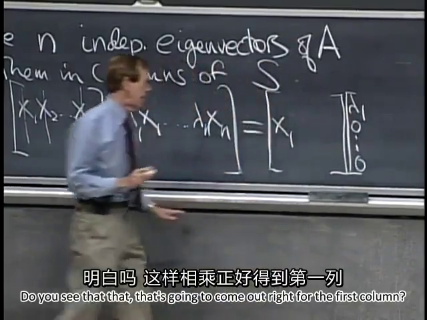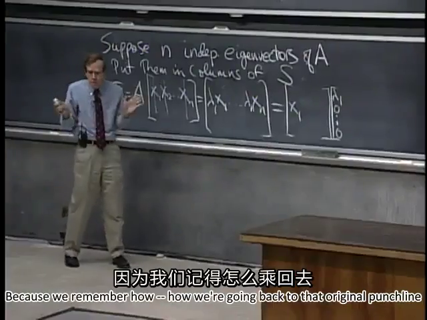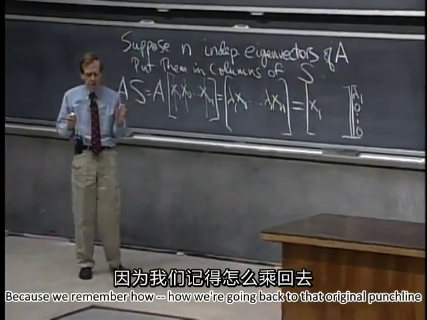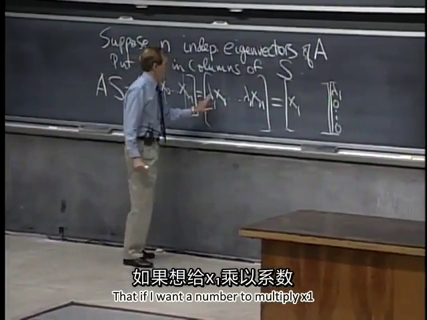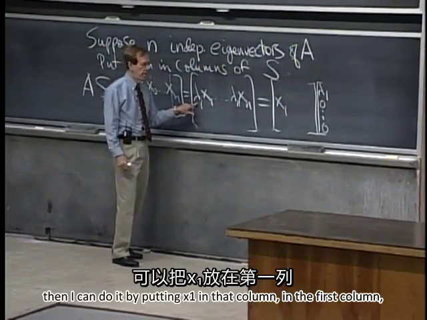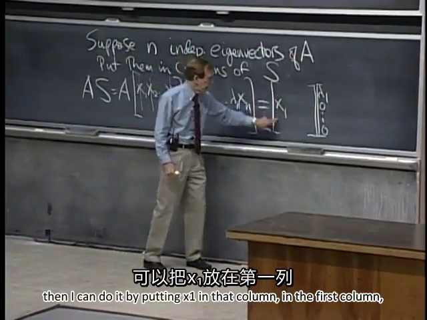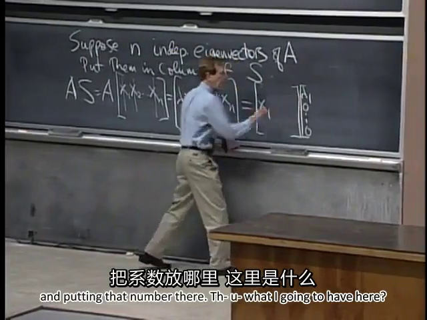You see that's going to come out right for the first column? Because if I want a number to multiply x1, then I can do it by putting x1 in the first column, and putting that number there.